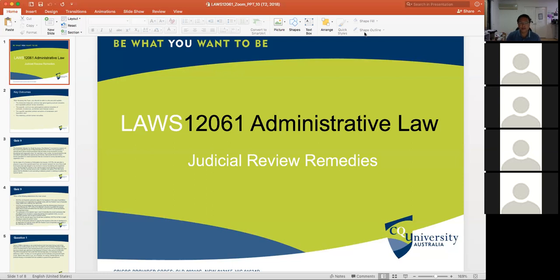And we will see that when you speak, for example, about common law judicial review remedies, or in particular, when you talk about equitable judicial review remedies, we will realize and see that there are many restrictions. So you don't just get it. They are essentially discretionary.